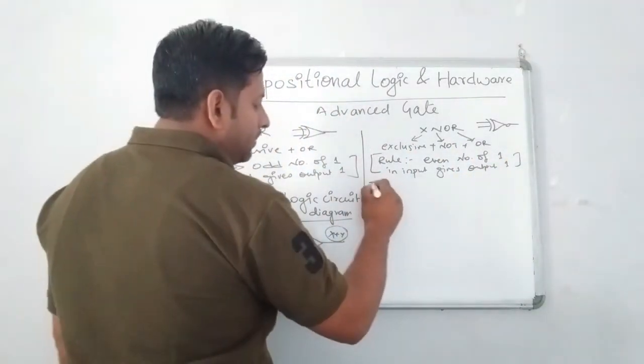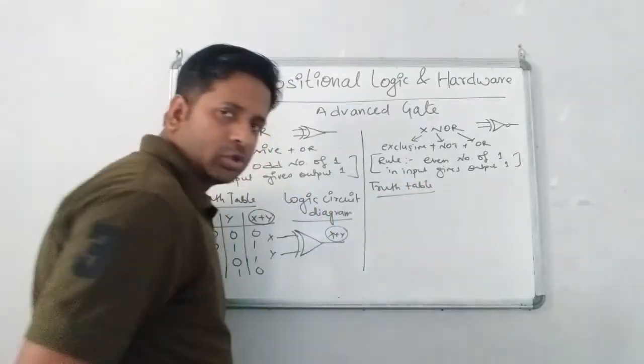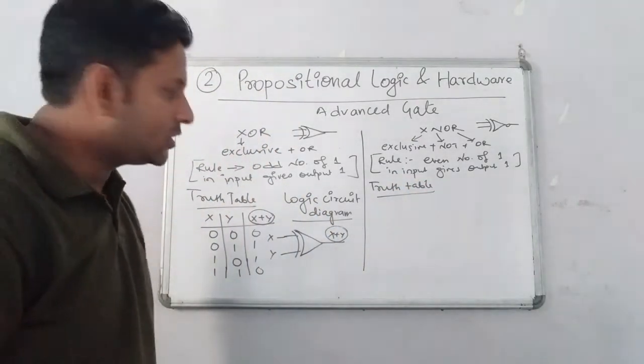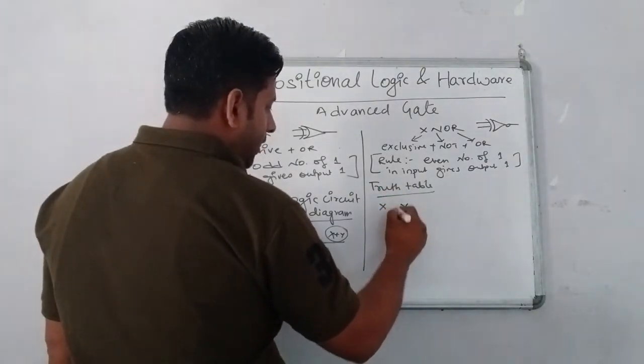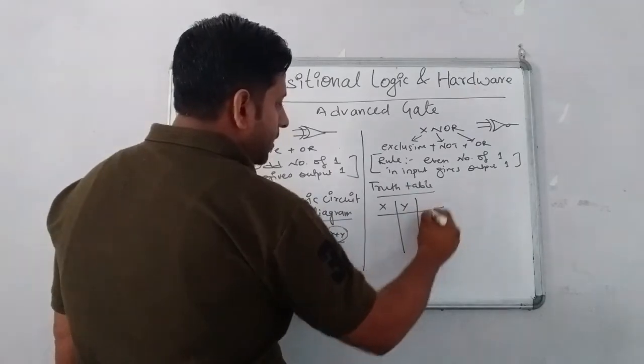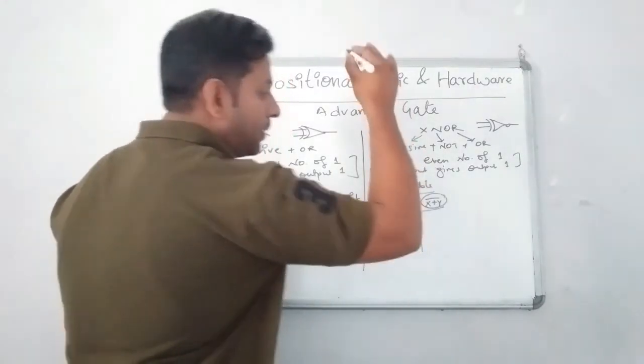So the truth table. If you see the truth table, it is X, Y, then X plus Y, not. This part is inside the circle.